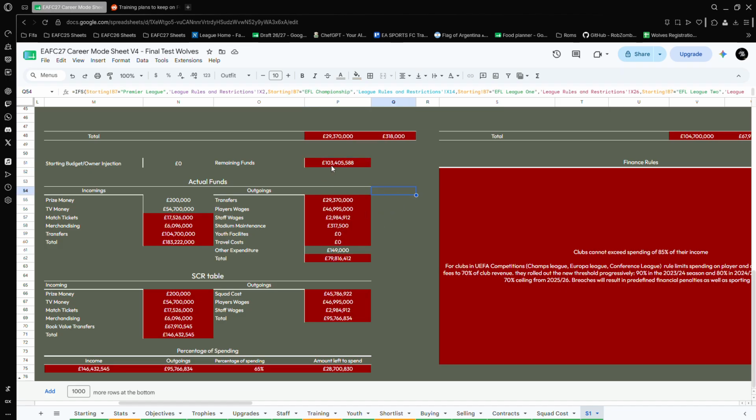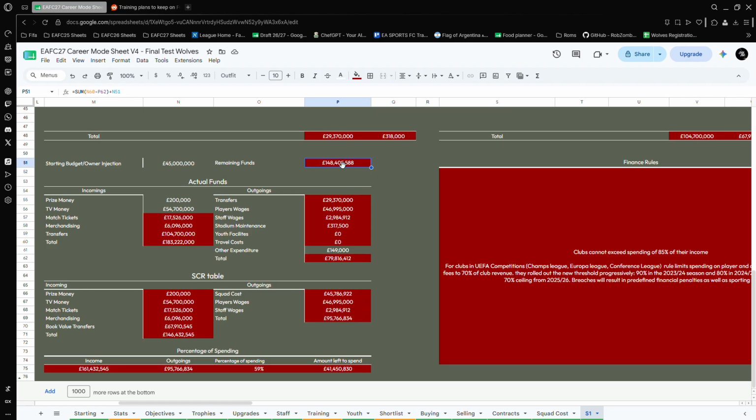So as you can see, in the top left, first thing on the in, you've got what's known as starting budget / owner injection. If you are using SCR table, I'll explain that shortly. Basically, your starting budget will be, let's say the game tells you you've got 45 million. So you can see your remaining funds will get added on so you know how much you've got to use.